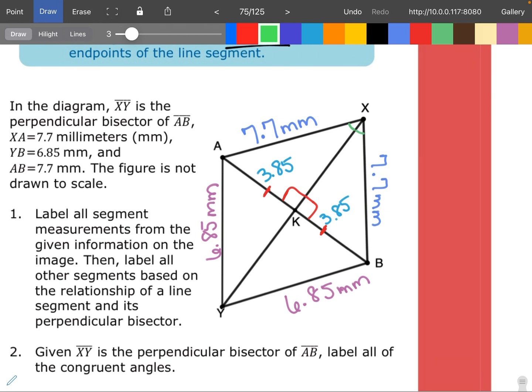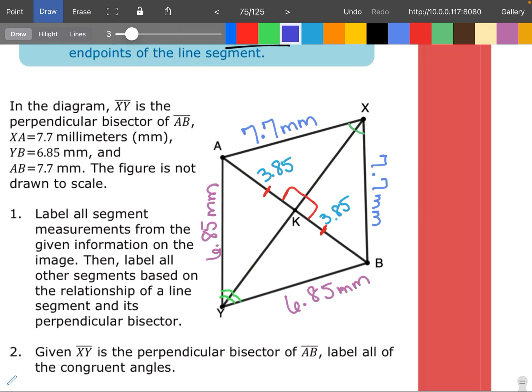Down at the bottom, BYK, this angle would be congruent to AYK. So those two angles are congruent to each other.